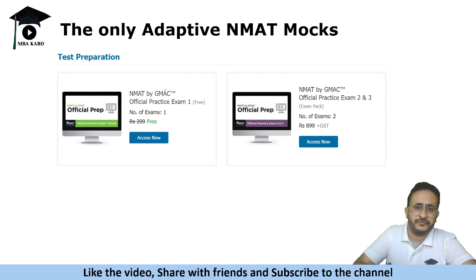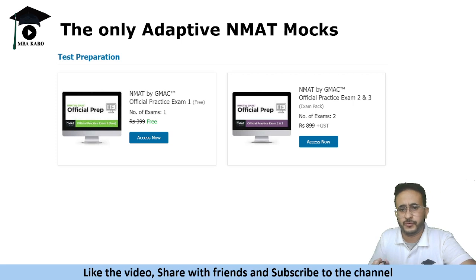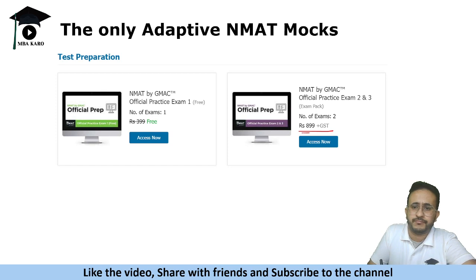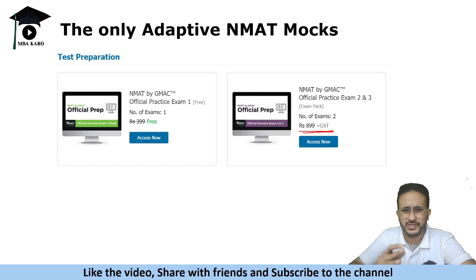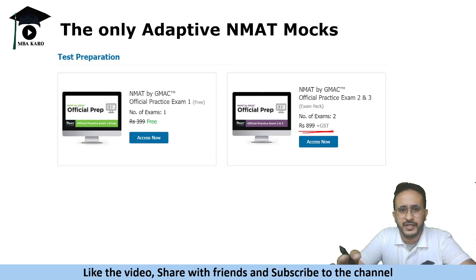One is provided for free, and if you wish, you can purchase two more mock tests, and it costs you 900 plus GST. GST might be around 150, 160 rupees. So somewhere around 1050 rupees you might have to pay, depending on how much GST they charge. They might be charging around 18%. So that is the only adaptive mock test that you can get for NMAT.